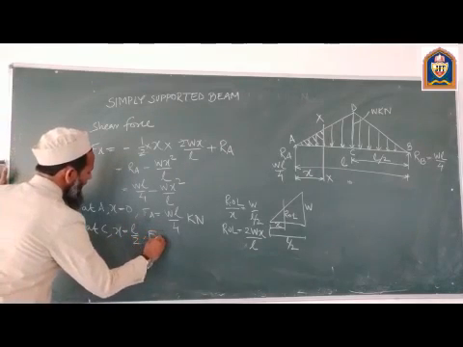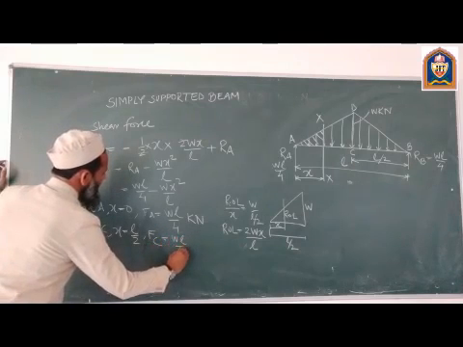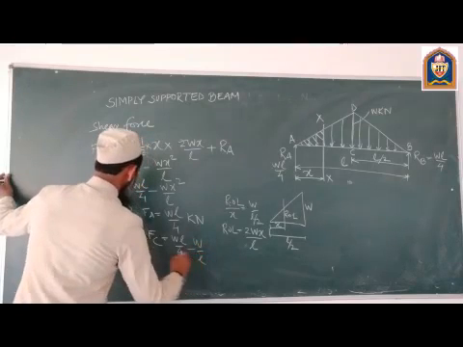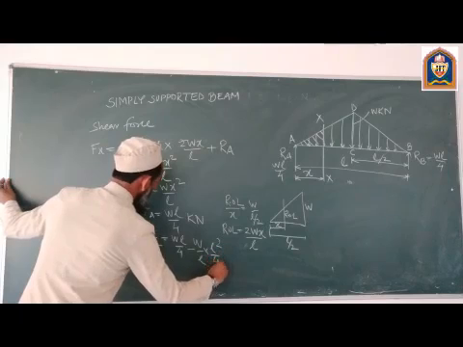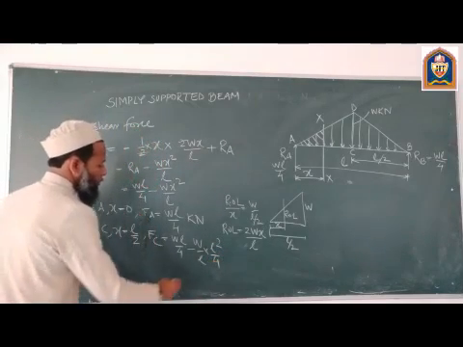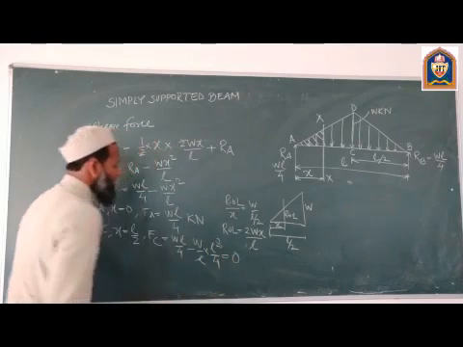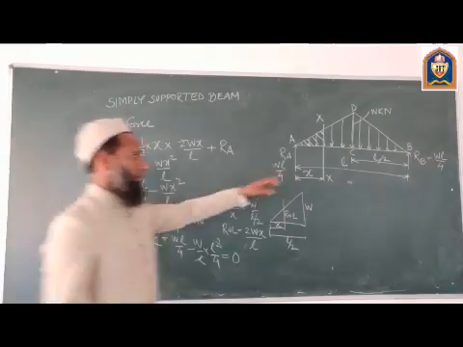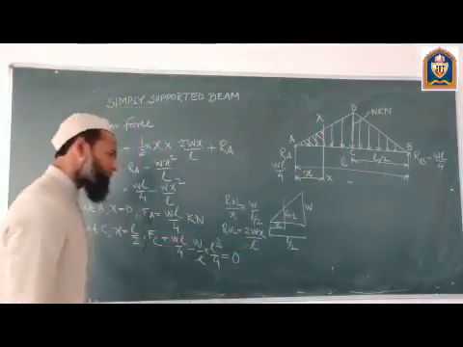So F at C is equal to WL by 4 minus W upon L multiplied by L square upon 4. So L and L cancels off and you get a value of 0. So at C, the shear force is equal to 0.